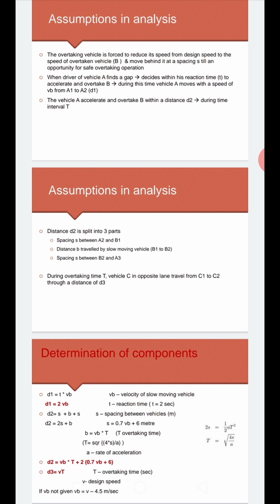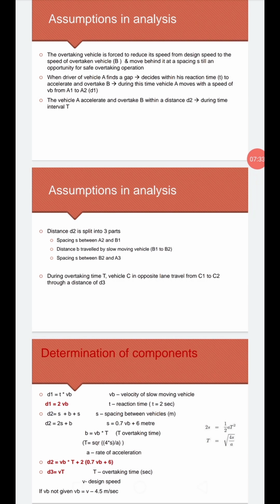Next is d2, which is b plus 2s, where s is the spacing or gap between the vehicles. s is equal to 0.7 vB plus 6 meters. And capital T is the overtaking time, which is equal to the square root of 4s by a, where small a is the rate of acceleration in meters per second squared.